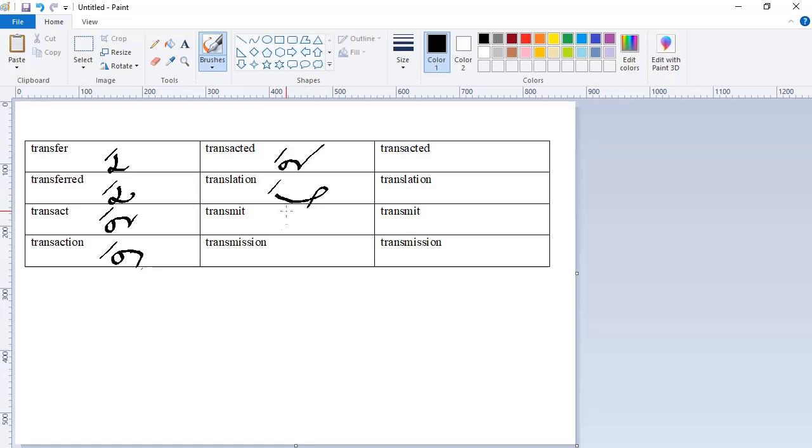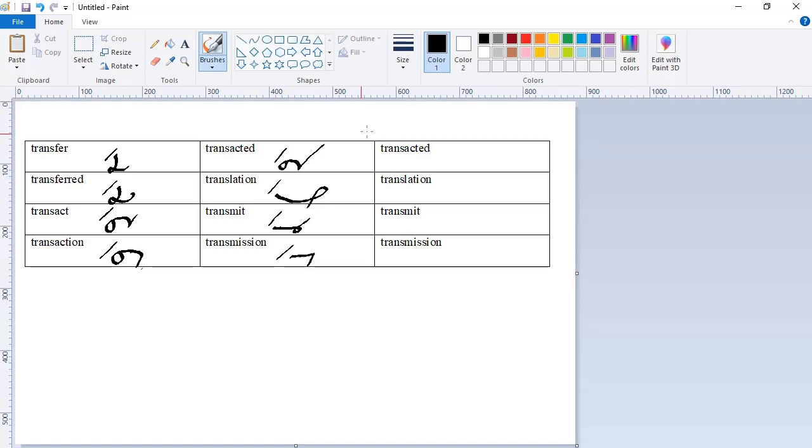Next, we have transmit. Trans. Masyadong mahaba. Okay, transmit. M-E-T. Transmit. Next, transmission. So, we have transmission. Ay, wala pala siyang E. So, transmission. Ganyan lang.